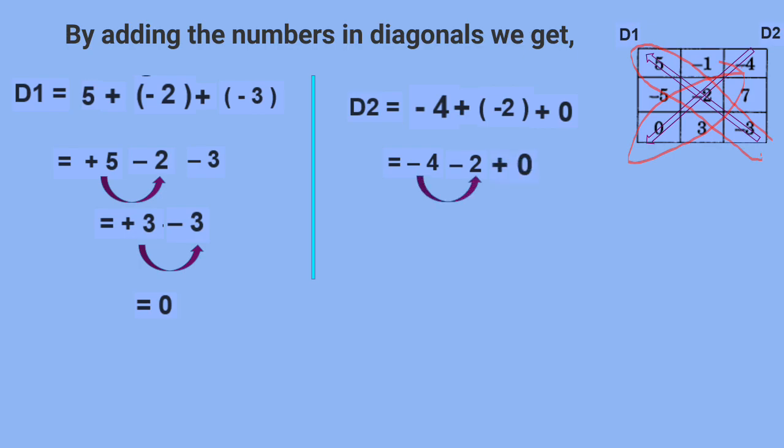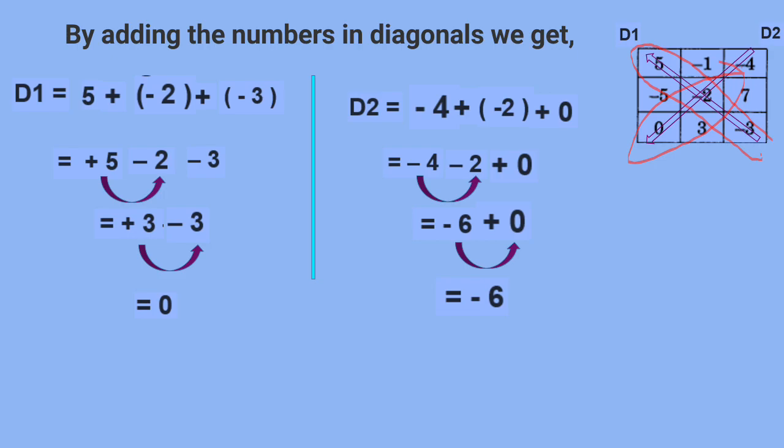Here same sign, so going to add and put the same sign as in the question. So minus 6 plus 0. Whenever you are adding any integer with 0, you will get the same integer. So minus 6 plus 0 is minus 6. So here diagonal 2 is not equal to 0.